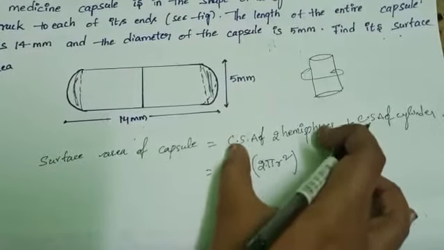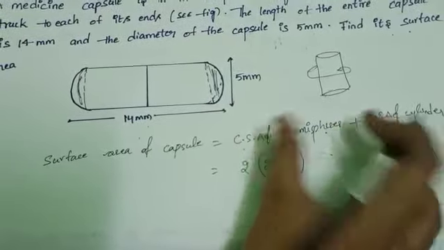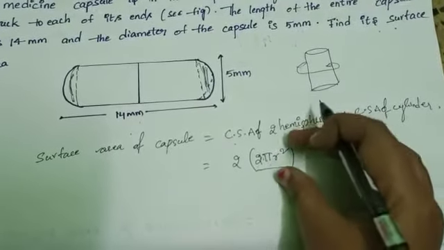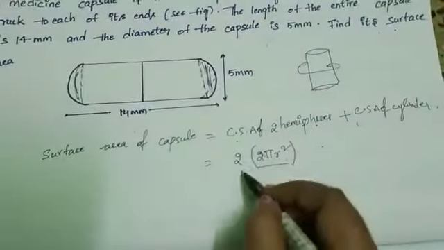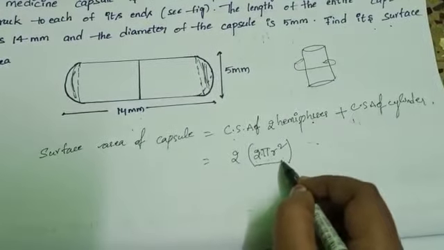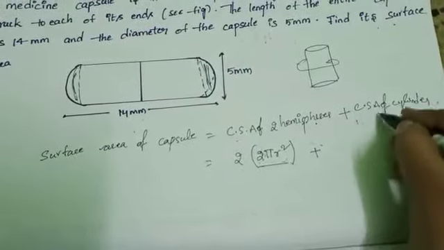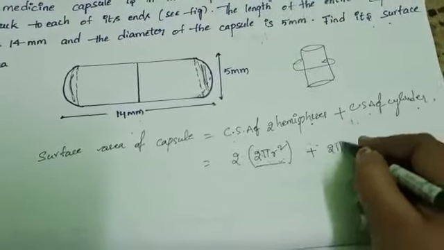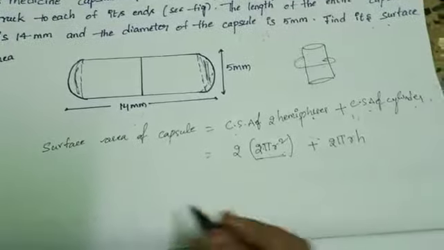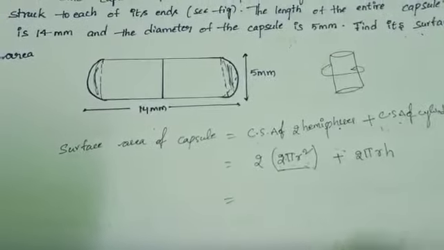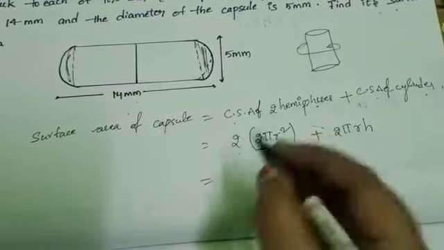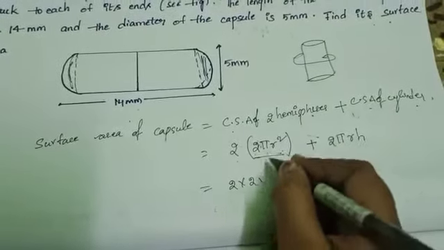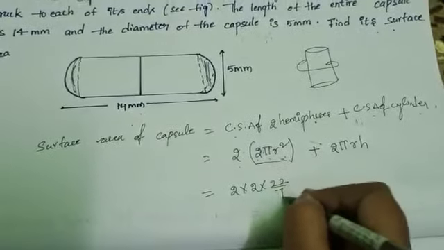Here we have two hemispheres, so 2 into 2 pi r square plus curved surface area of cylinder, which is 2 pi r h. Okay, 2 into pi value 22 by 7 r square.